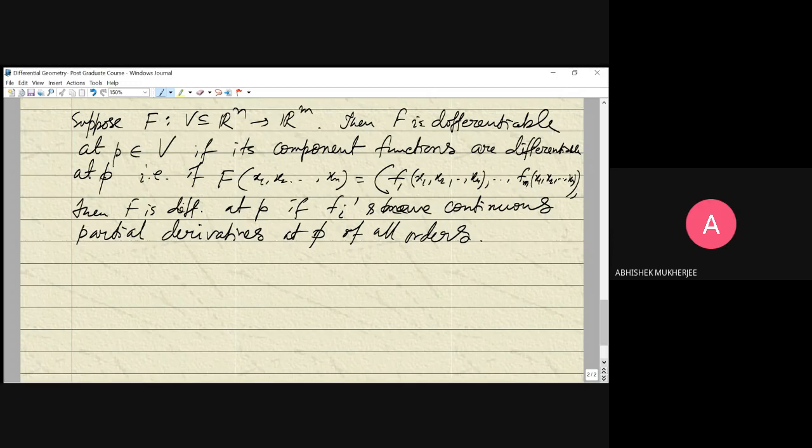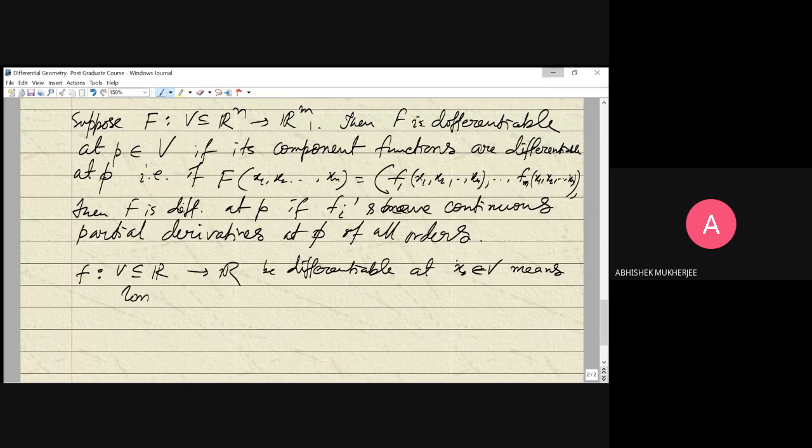Now, suppose f be a map from V subset of R to R, be differentiable at x0 belongs to V. What does it mean?